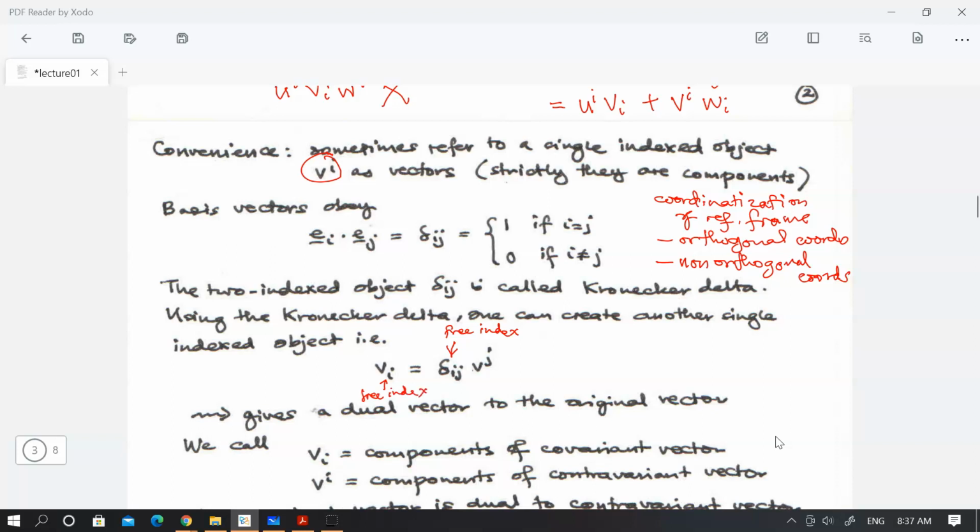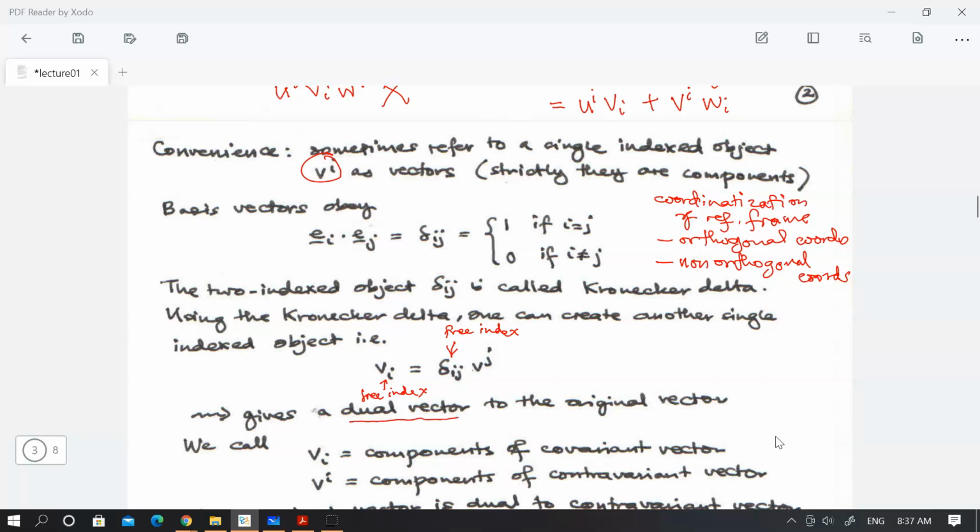So what is happening here? Well, as I mentioned, our vectors so far will have the component with the index on top. Now you have a new object with the index at the bottom. Now my claim at this stage is this new object with the index at the bottom actually corresponds to a dual vector.